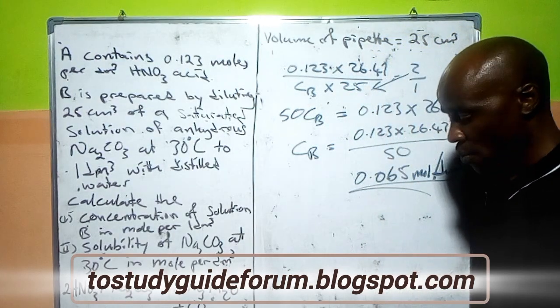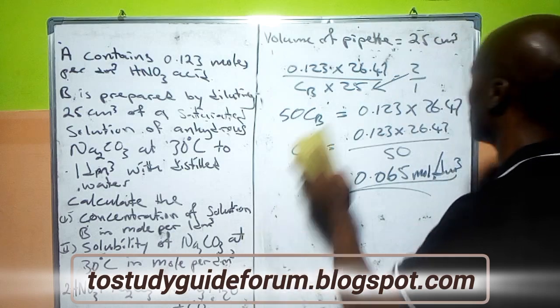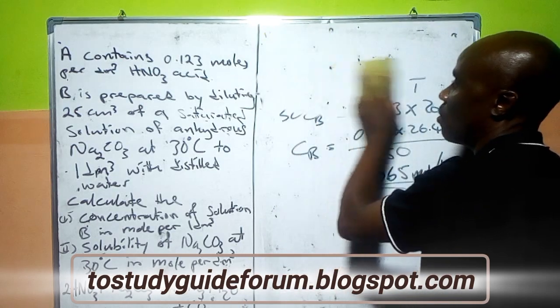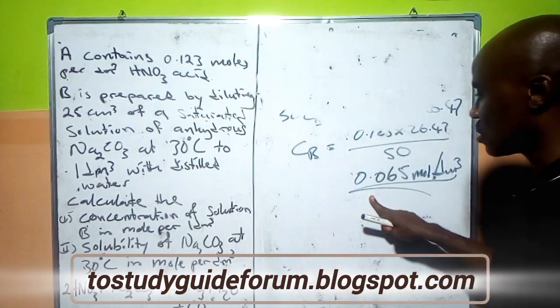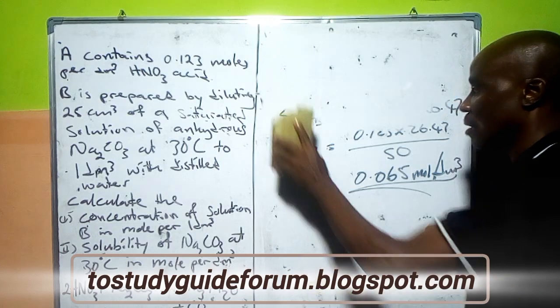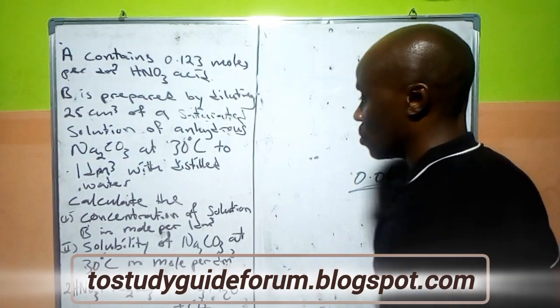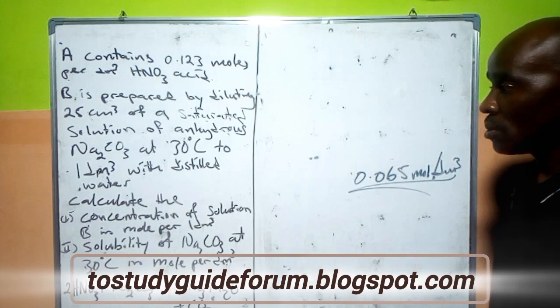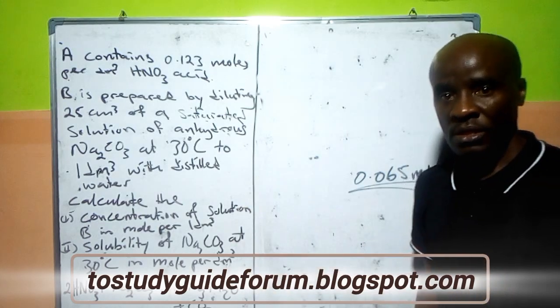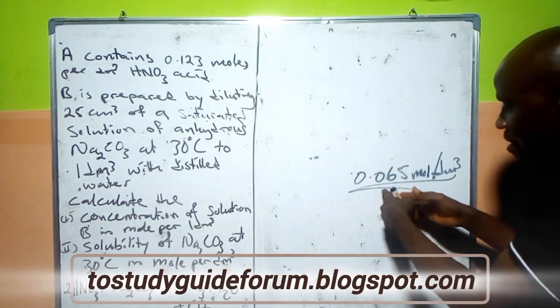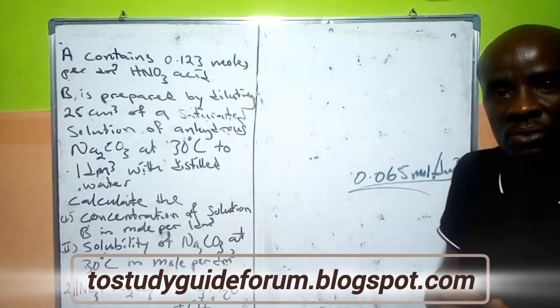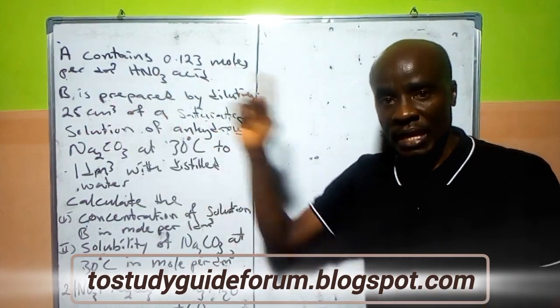What we have here is not really in mole per dm cube; it is the concentration of sodium carbonate in the solution that we diluted, which saturated this, like I said before.